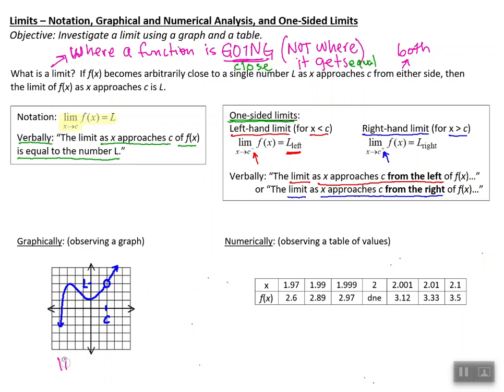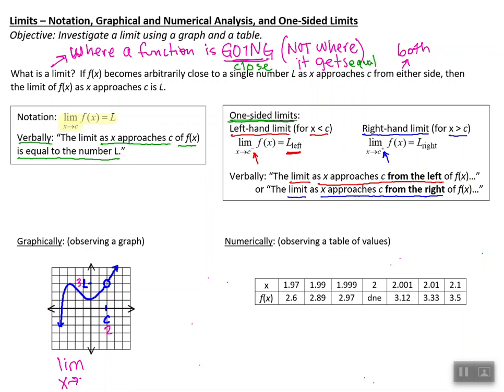So graphically, observing this graph, if we want to observe the limit as x approaches c, c is the x value we're usually going to. In this picture, let's label that as 2. It's 2 units from the y-axis, and L is 3 units above the x-axis.